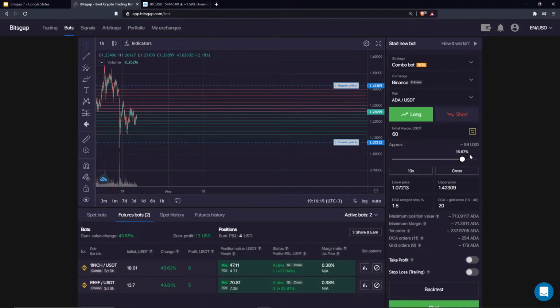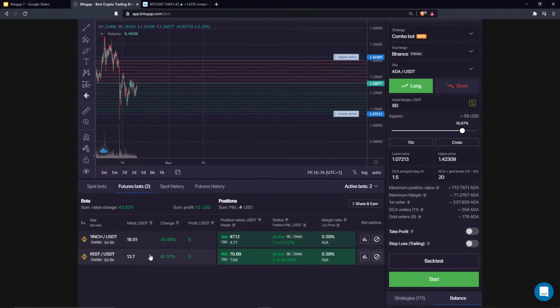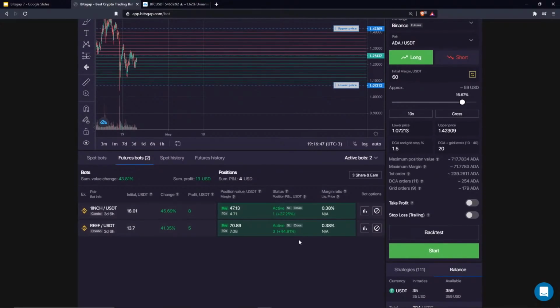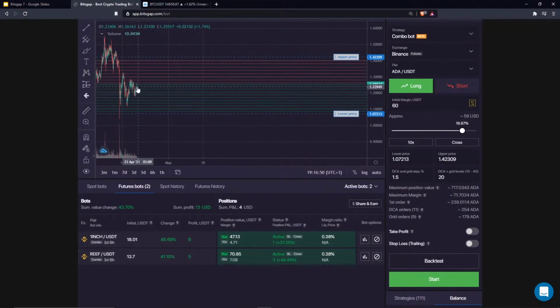As a rule of thumb, the cross mode is technically better because you give more space for the bot to trade. Imagine that you have more than 2 strategies, for example 3 combo bots trading right now, and they all share your margin in the cross mode. So if the market falls heavily, they get enough margin from your balance to open these buy orders.